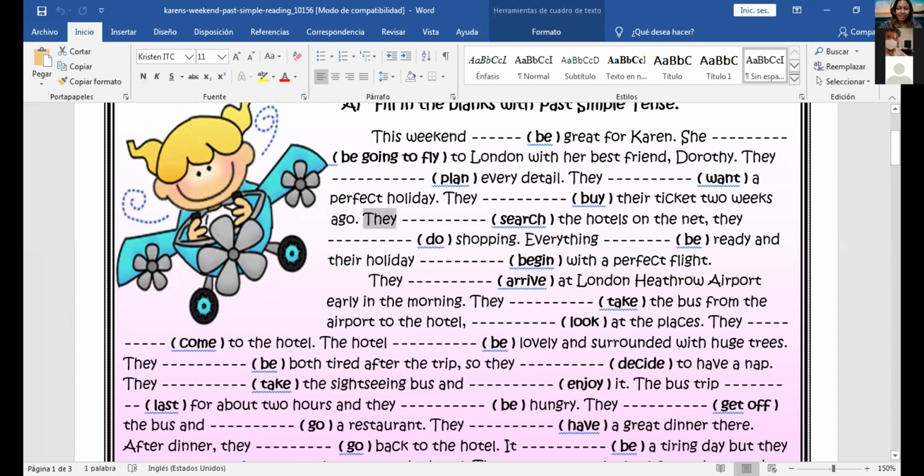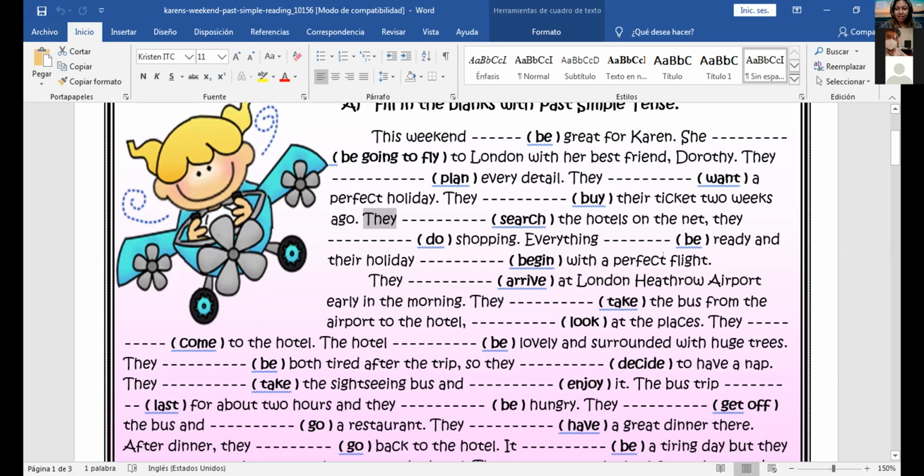They searched the hotel on the net. They did the shopping, everything was really good, and their holiday began with the perfect flight.